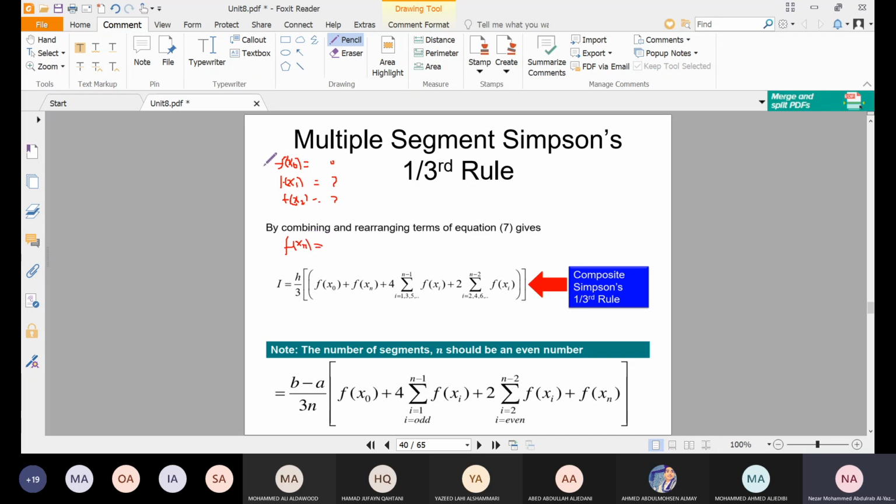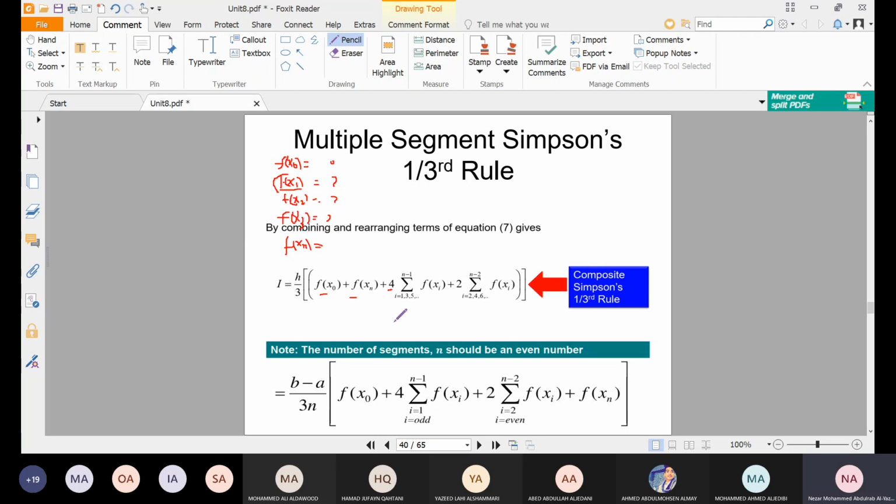So what's the next step? I need f0 and fn, these are the first and last terms. Then I take the odd numbers. If I have f at x3, that is odd as well.